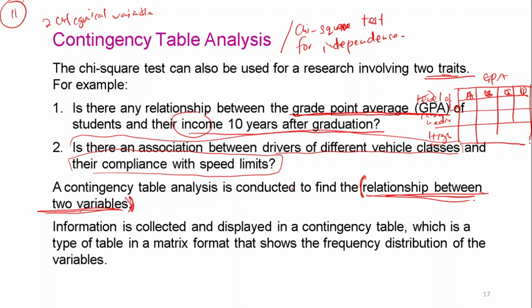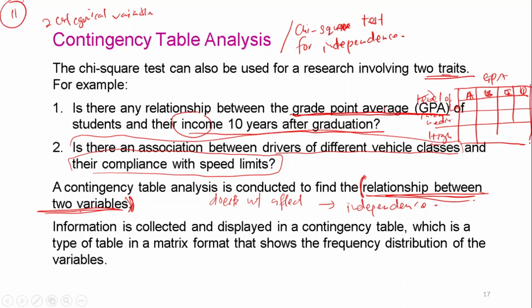For example, if the variable does not affect each other, meaning that both traits are independent. Okay, but if the two traits do affect each other, meaning that the traits are dependent on each other.